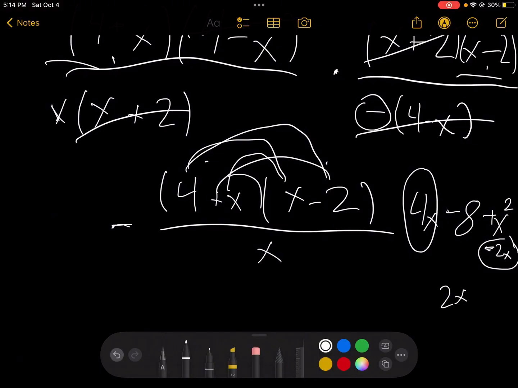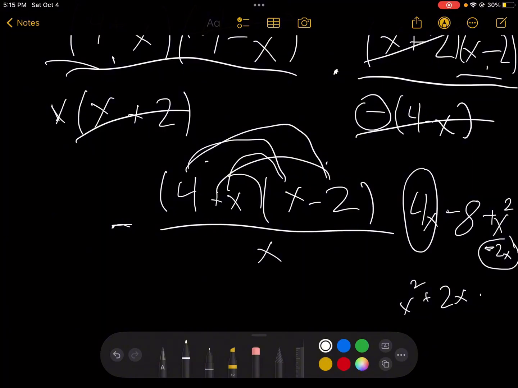Okay. You arrange them by the largest exponent. So x squared, negative 2x, and 8. No, positive 2x, and then negative 8. I'm so confused.